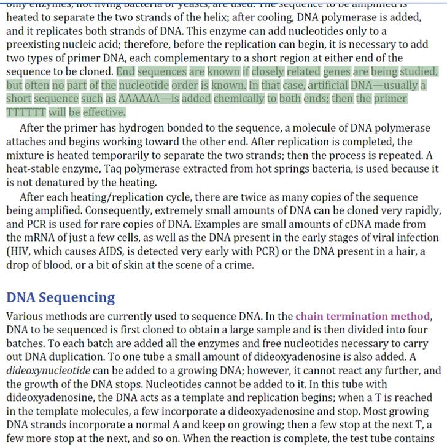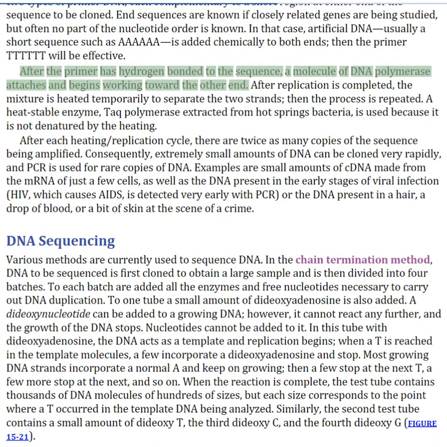End sequences are known if closely related genes are being studied, but often no part of the nucleotide order is known. In that case, artificial DNA, usually a short sequence such as AAAAA, is added chemically to both ends, then the primer TTTTT will be effective. After the primer has hydrogen bonded to the sequence, a molecule of DNA polymerase attaches and begins working toward the other end.